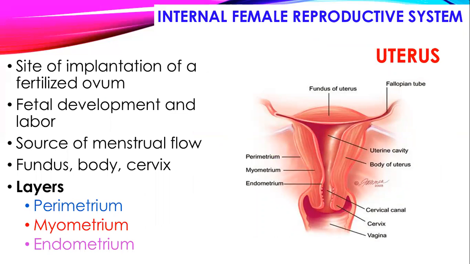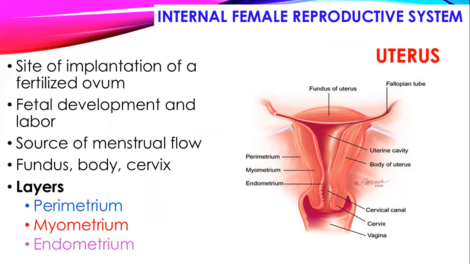The uterus is a muscular organ that receives the fertilized oocyte and provides an appropriate environment for the developing fetus. Before the first pregnancy, the uterus is about the size and shape of a pear, with a narrow portion directed inferiorly.